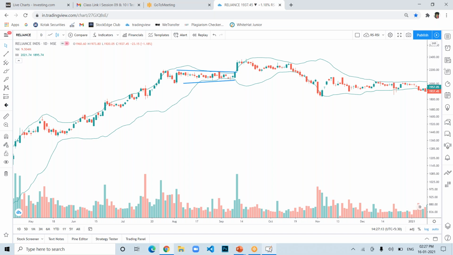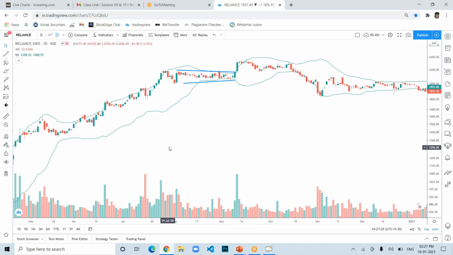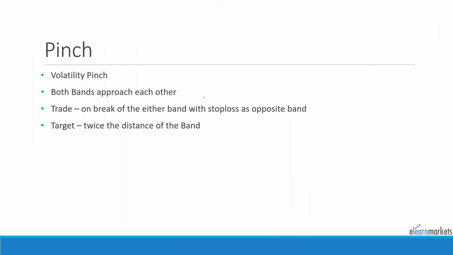So let me move forward then. No, Anirban. The 1:2 risk reward is with the cash market, not in options. It will not work with options.